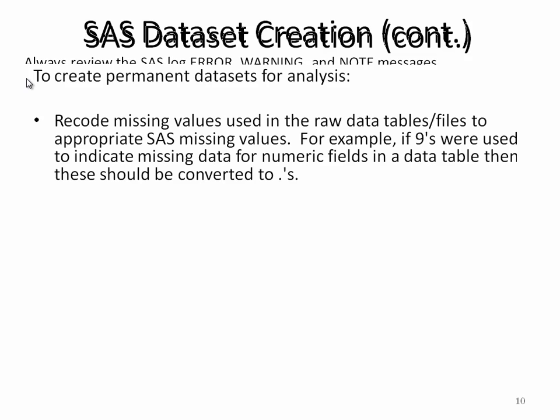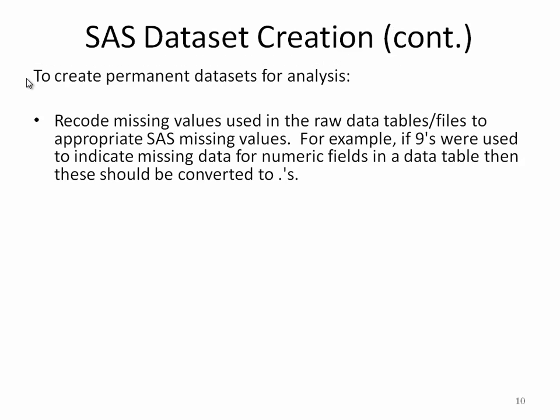Okay, so what else do you have to do when you're setting up a permanent data set for research purposes? One of the things is you may need to recode the missing values that were used in the raw data files. As I mentioned earlier, sometimes people fill a field with nines to indicate missing.